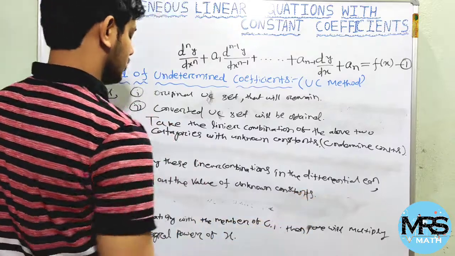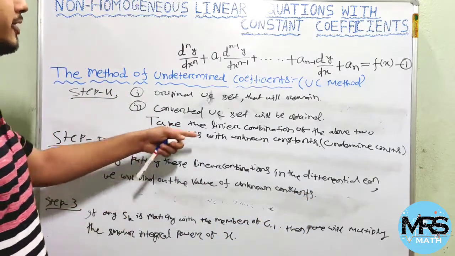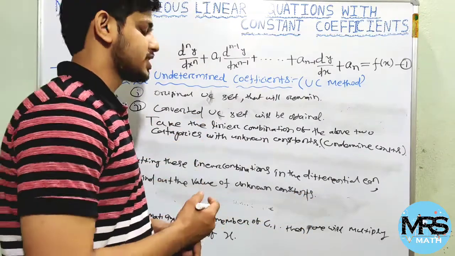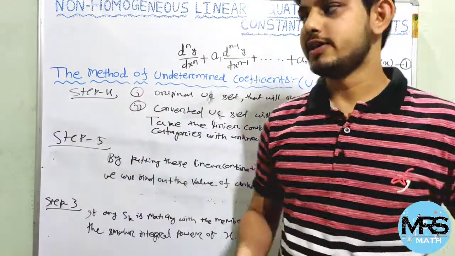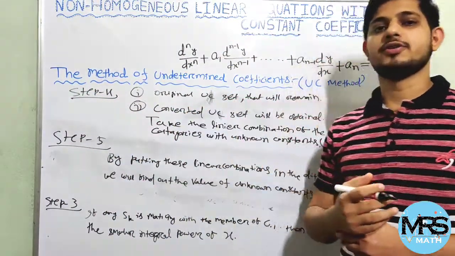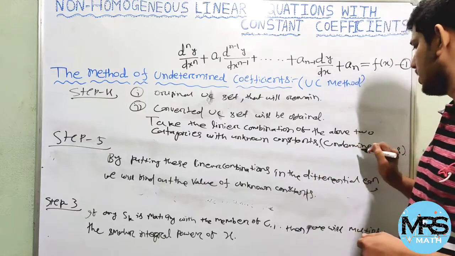After putting in the values of these unknown constants, we will get the particular integral of equation 1. So this is the last step.